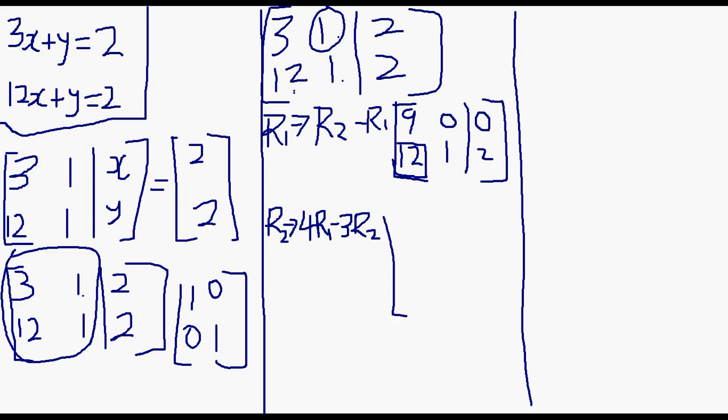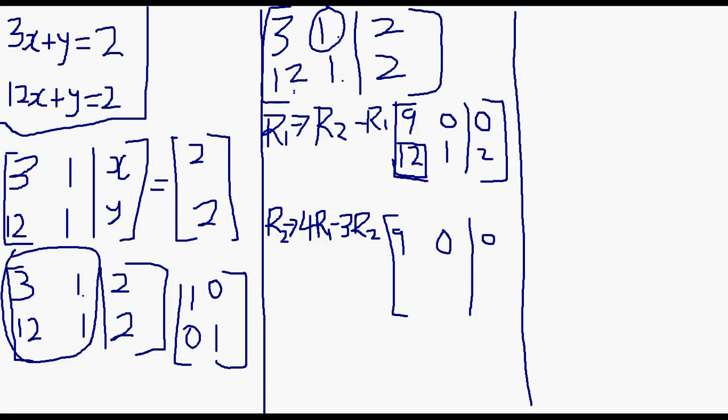So let me quickly put them down. So I'm working on row 2. So let me write row 1 down. So 9, 0, 0.